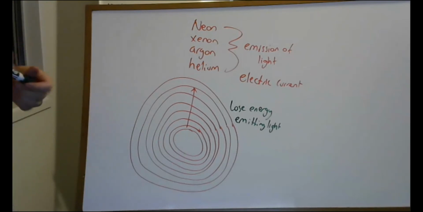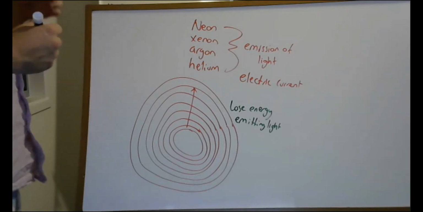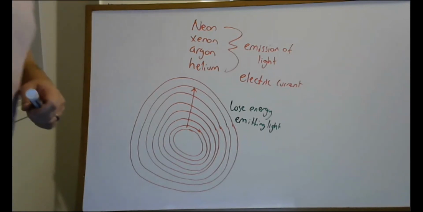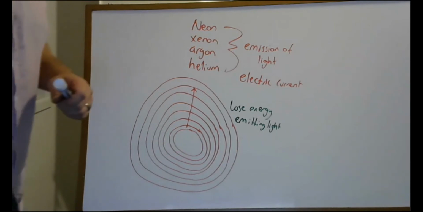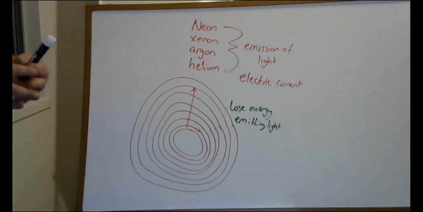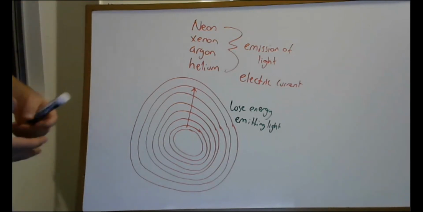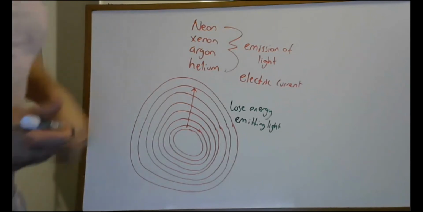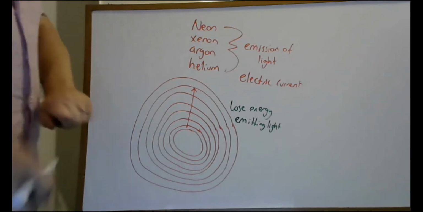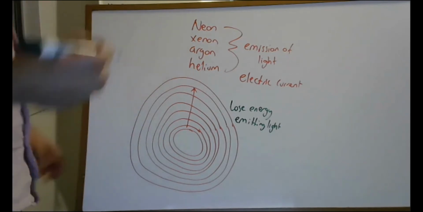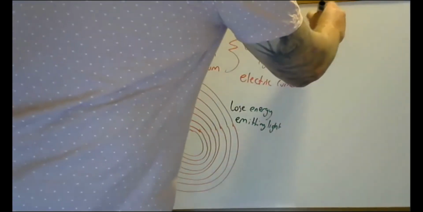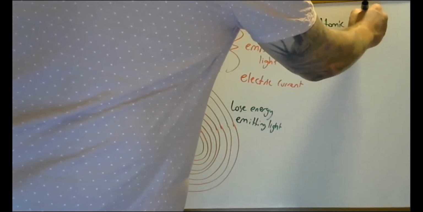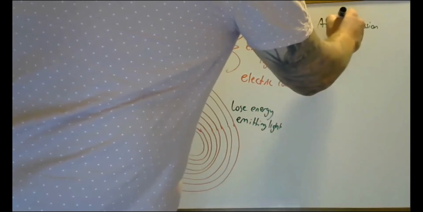Now, elements will also emit different wavelengths of light depending on the wavelength of light they absorb. So what they teach in grade 11 is atomic emission spectroscopy.